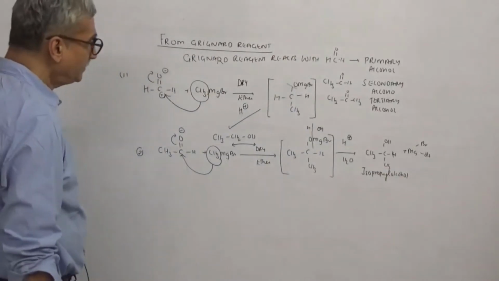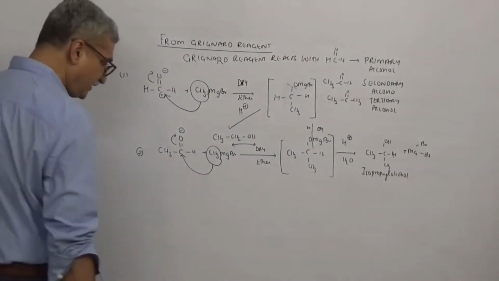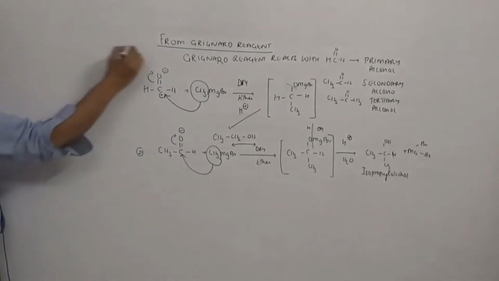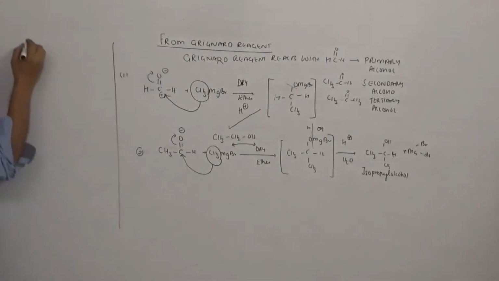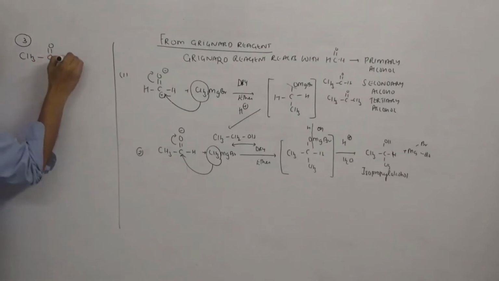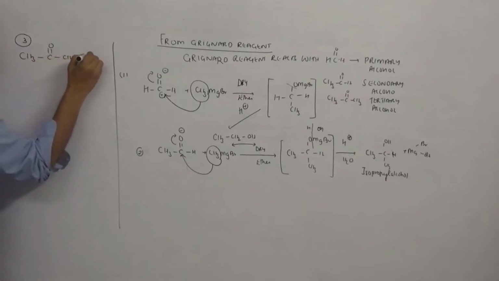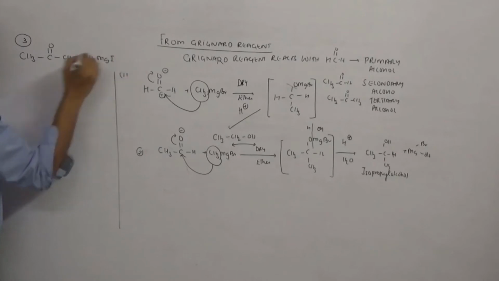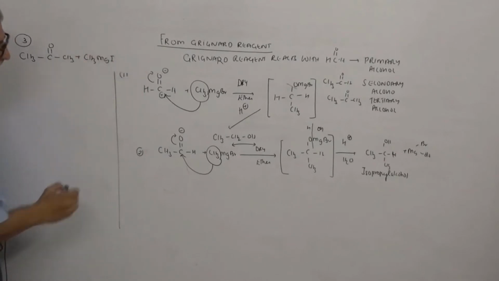Okay. Then when we take a ketone, do we have space here? Yes, we have space here. So third, we take a ketone, CH3COCH3, and react it with CH3MgBr.